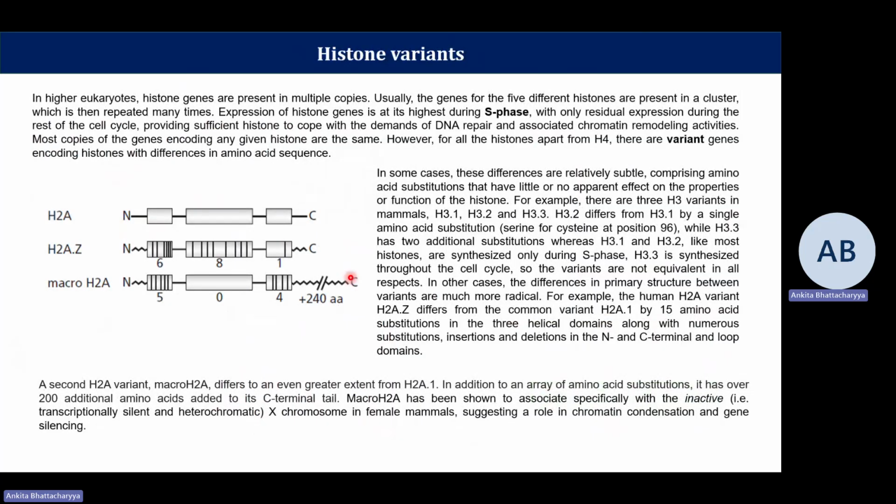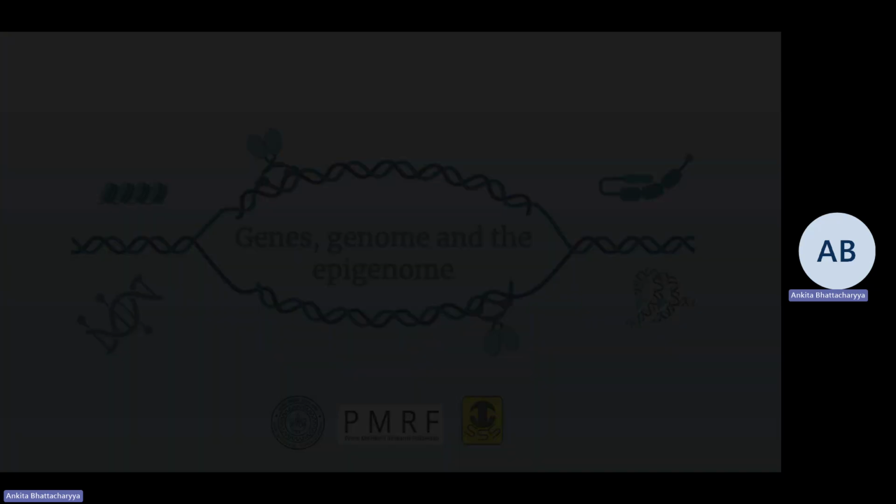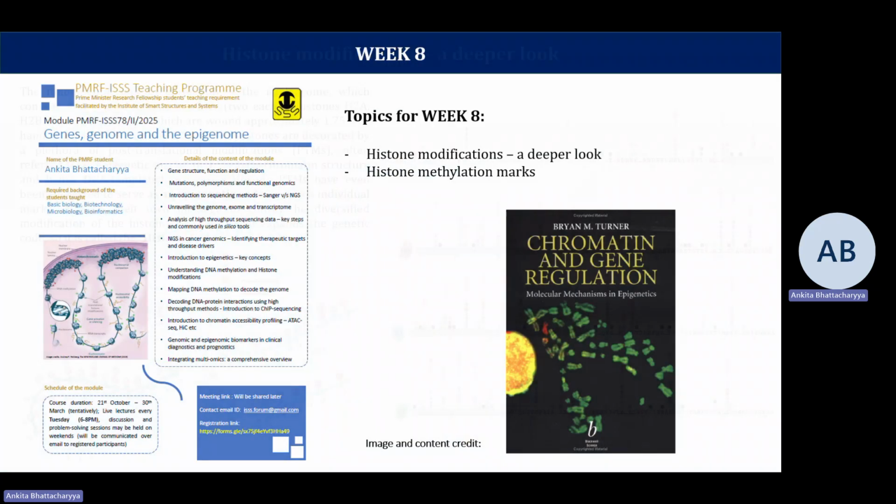Apart from that, we talked about histone variants, which are usually present in certain contexts, especially during certain stages of the cell cycle. These variants are more important in those states only, like macroH2A, histone H3.1, 3.2, 3.3, and H2AZ, which all take over the process of chromatin remodeling under some very specific contexts.